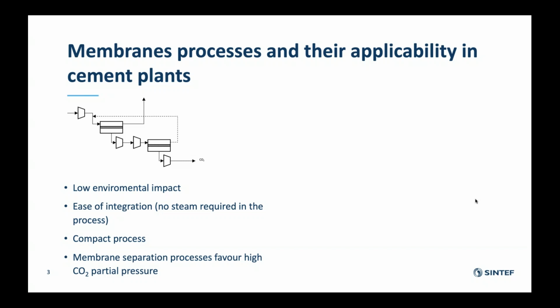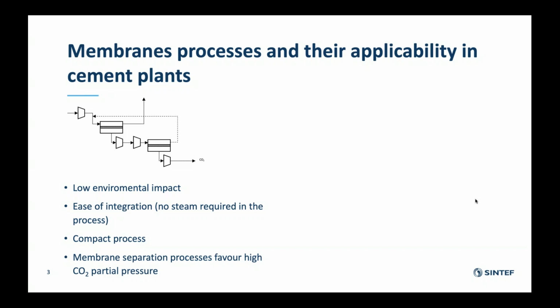So membranes are conceptually very simple processes where you have a permeable material that allows certain components to pass through more than other components, which results in the separation of one component over the other.